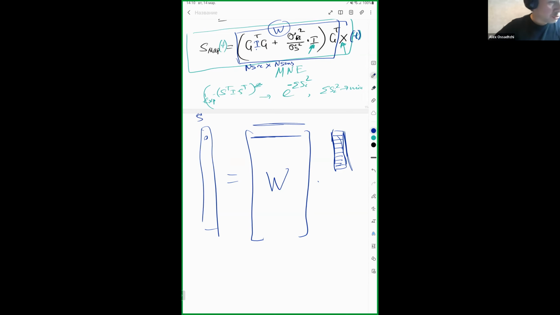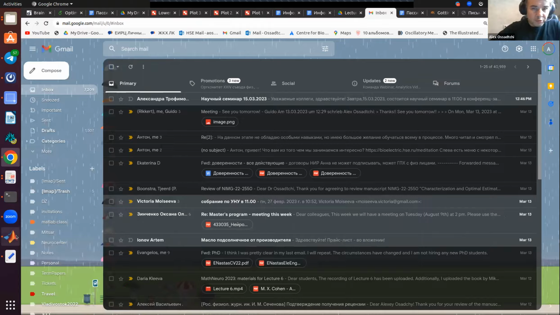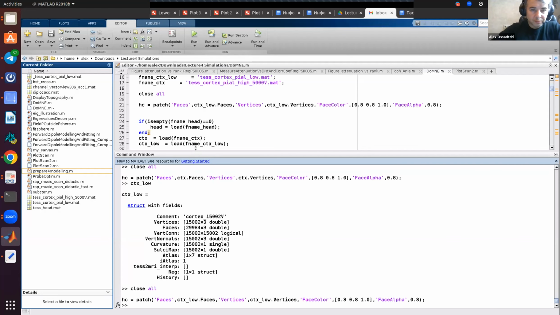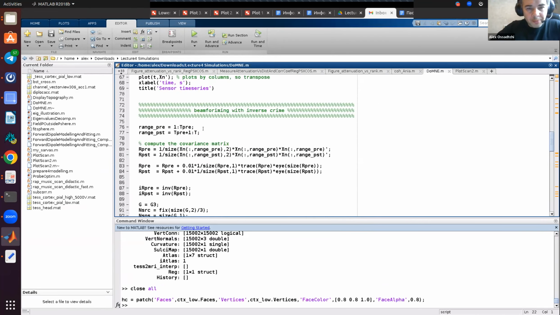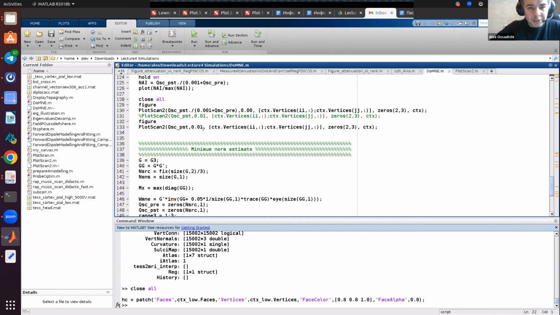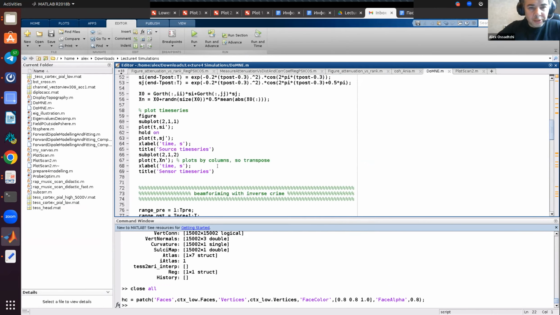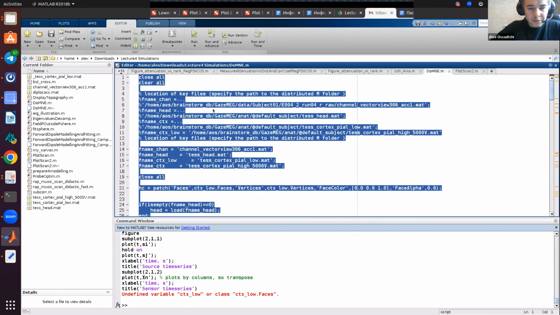Let me stop sharing this and start sharing the other one. Okay, let's go back to the MATLAB thing. Beamforming, we've done it. Let's clean everything so that we don't have any surprises.